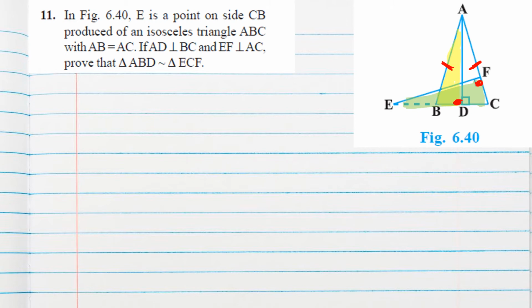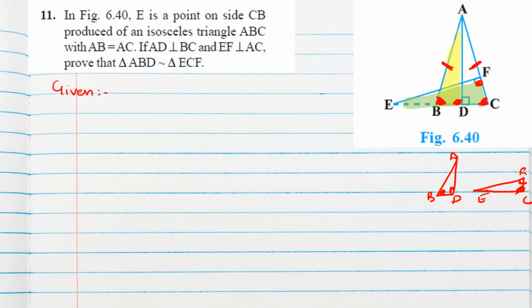So by the isosceles triangle property, we can write angle B and angle C are both equal. Angle B is part of triangle ABD and angle C is part of triangle EFC. Both are equal, we proved by the isosceles triangle property, and one angle is already 90 as given. That means two angles we have proved equal, so by AA criteria we can write accordingly.